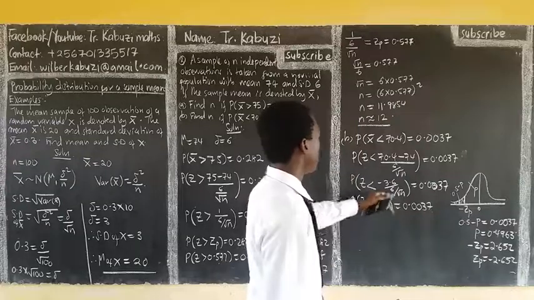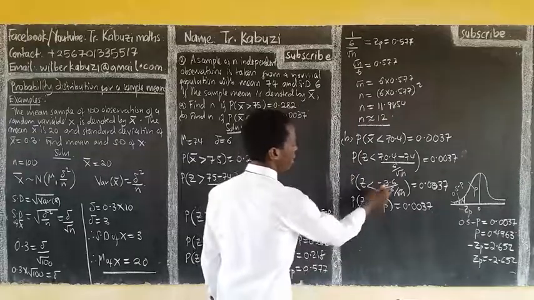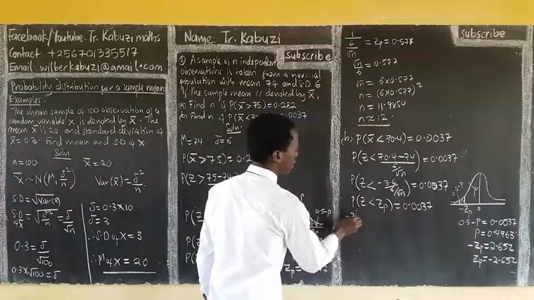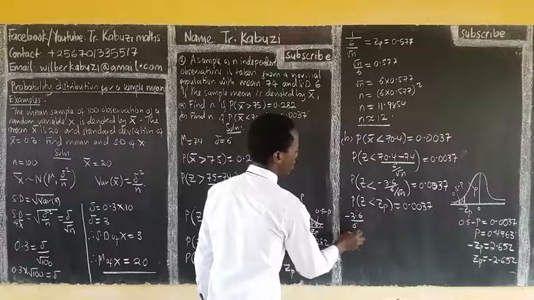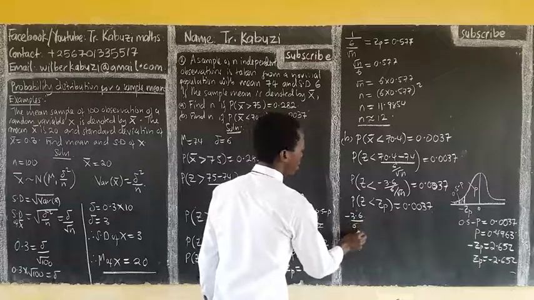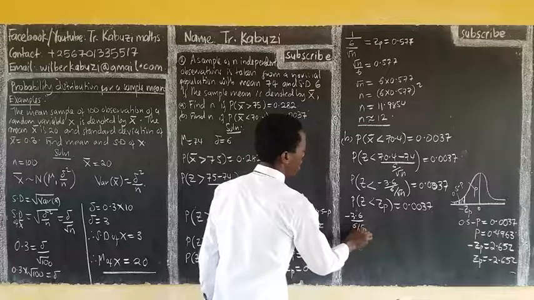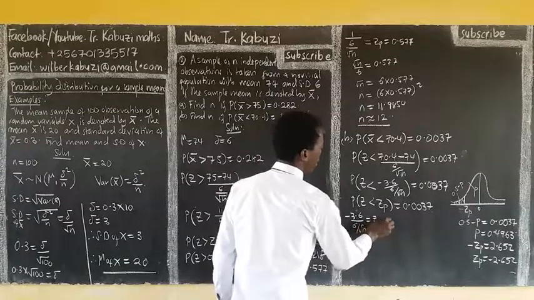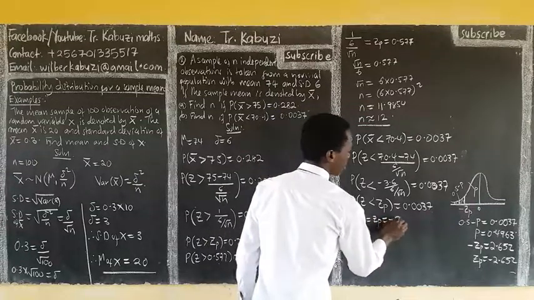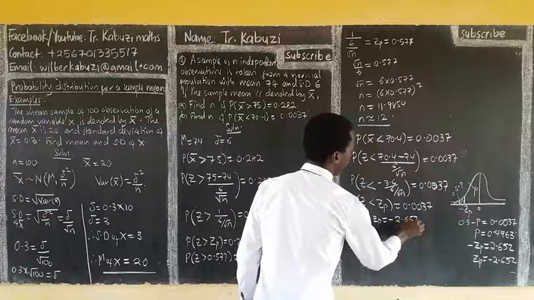So the whole of negative 3.6 over 6 times root n is equal to our ZP, which is negative 2.652.